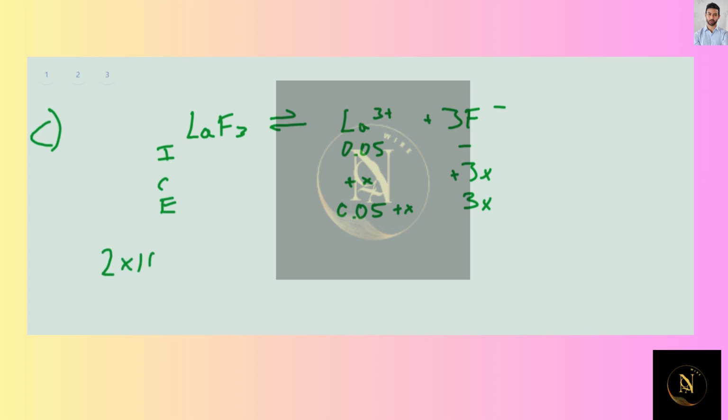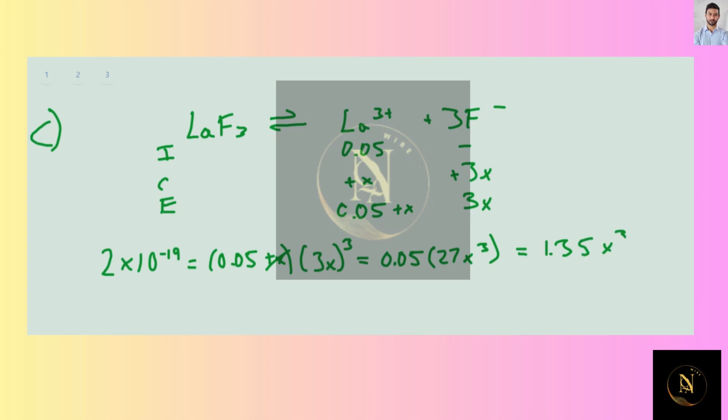So our Ksp is 2 times 10 to the minus 19, which is equal to 0.05 plus x times 3x cubed. So we eliminate this addition of the x, which gives us a value equal to 0.05 times 27x cubed, which is equal to 1.35x cubed.